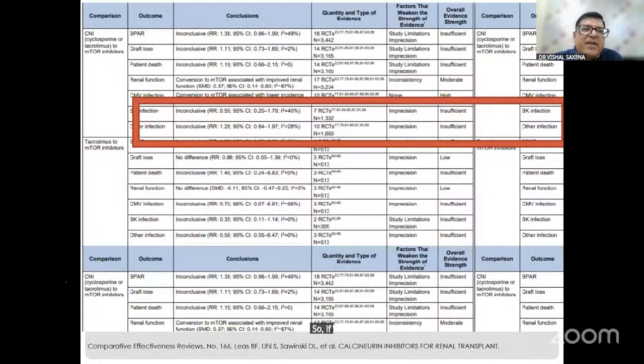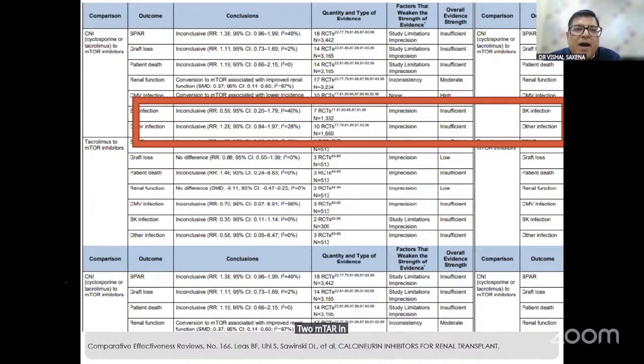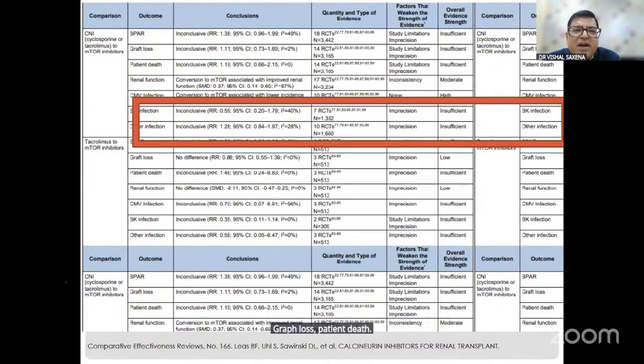So if you look at the comparison, cyclosporin or tacrolimus, whether CNI, to mTOR inhibitors, it showed that for renal function, the conversion to mTOR was moderate strength evidence, while for rejections, graft loss, patient death, and even BK virus and other infections, the outcomes were insufficient.